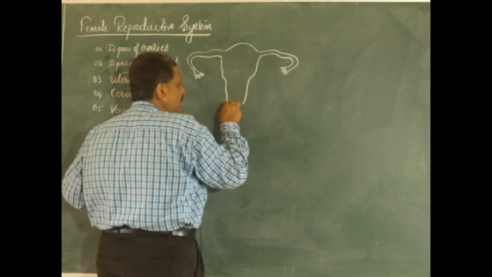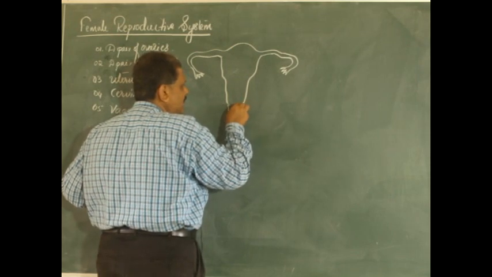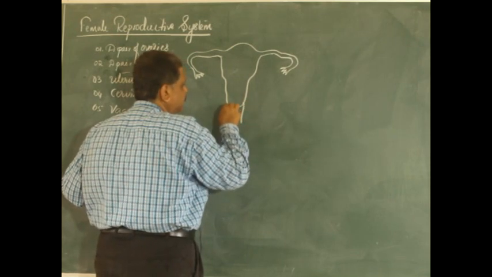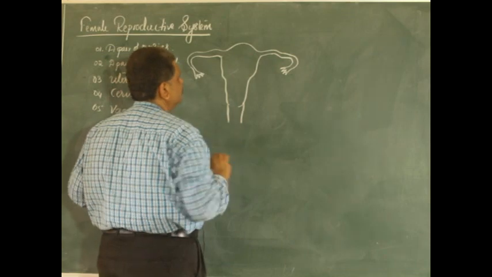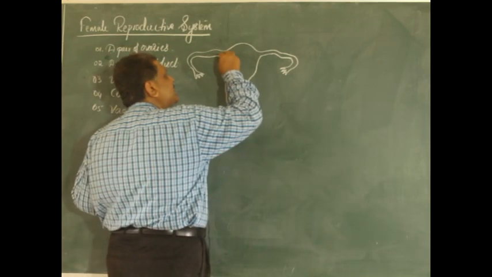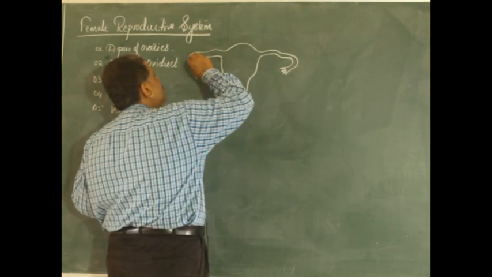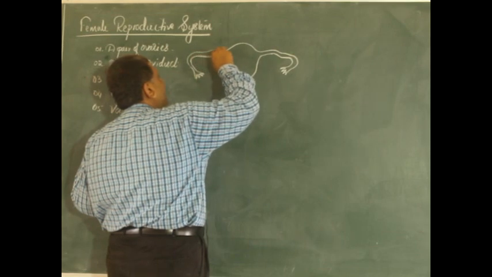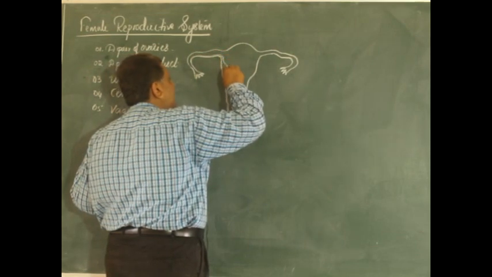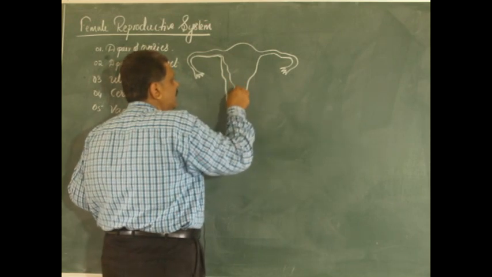And then the next portion is here, the vagina. Here, this uterine wall is almost three layered, and it has the following different parts.